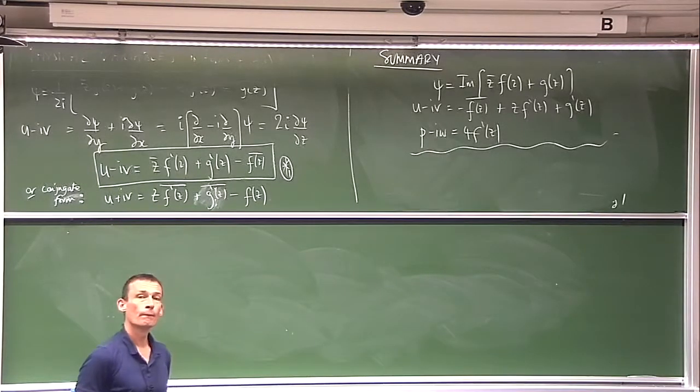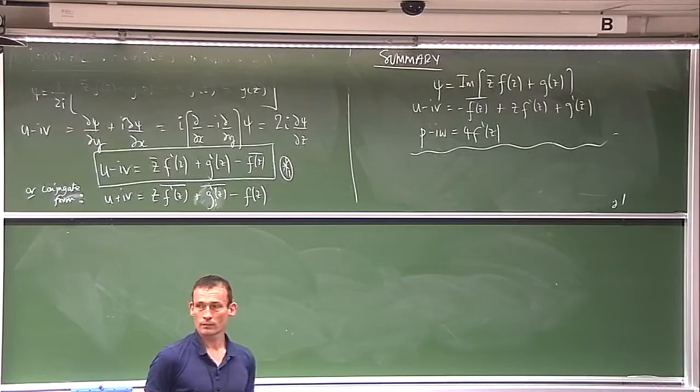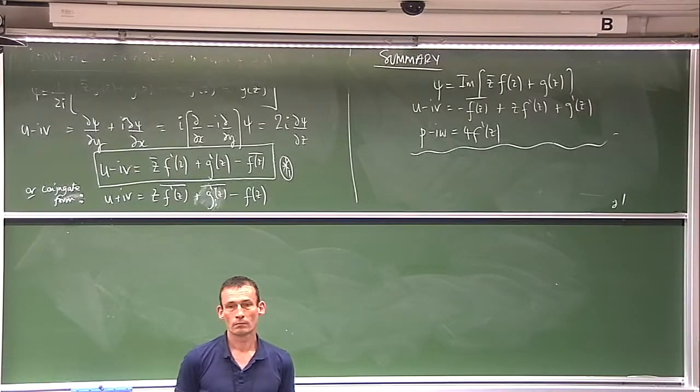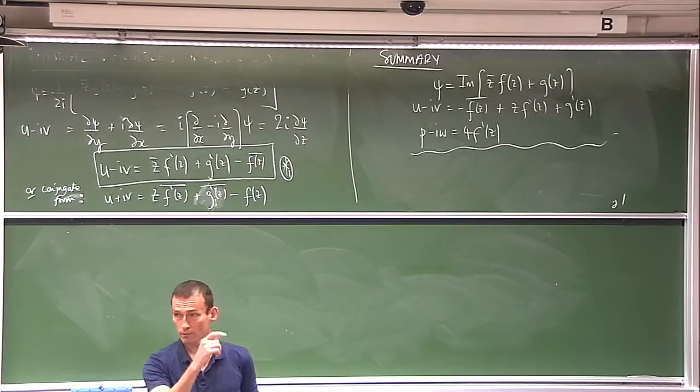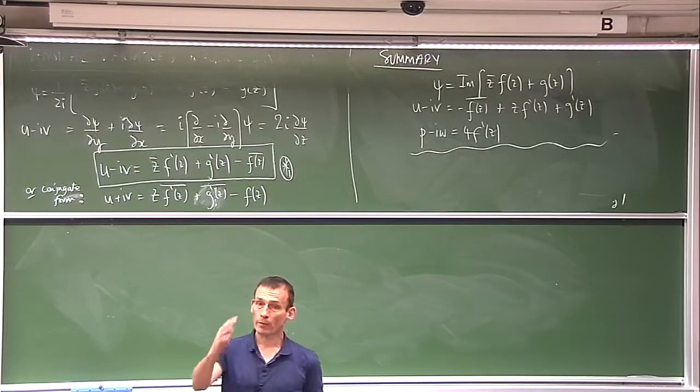What is the physical meaning of P minus I omega? Good question. And the answer is, as a complex number, nothing. Except it's the complex number whose real part is the pressure and whose imaginary part is minus the vorticity. You're absolutely right.